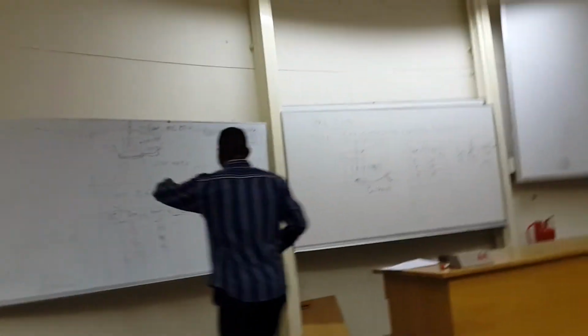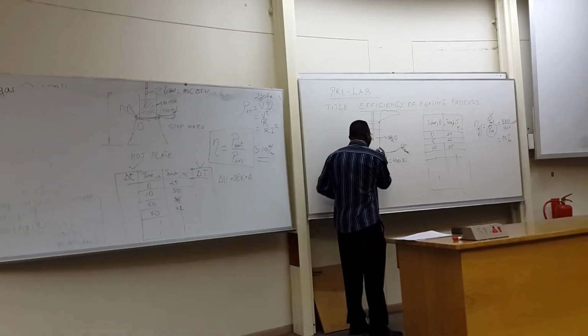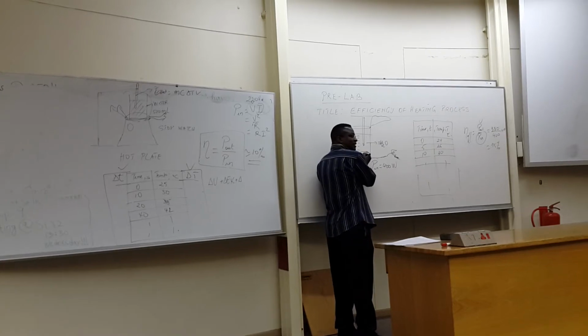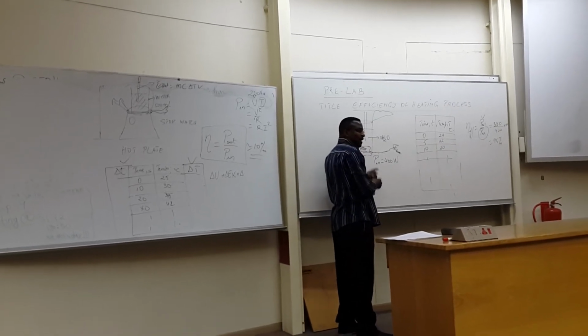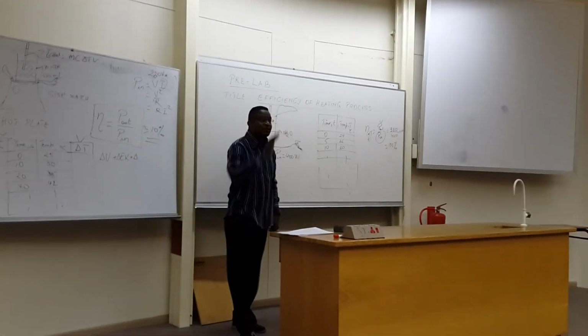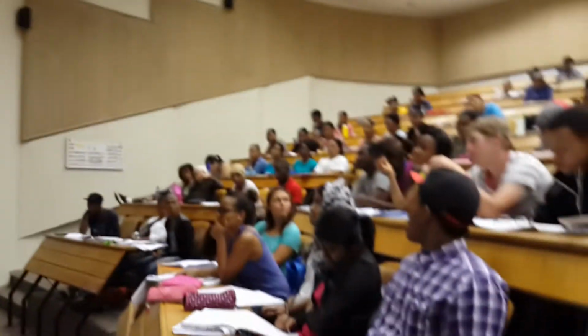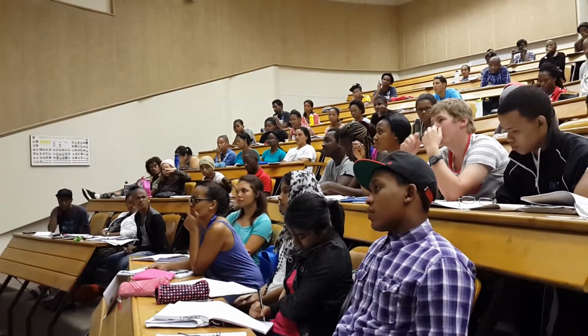Because here you have external, and here you have internal. It's inside. The energy supplied by the internal one will go straight into the water. Then you have some heat loss by convection.